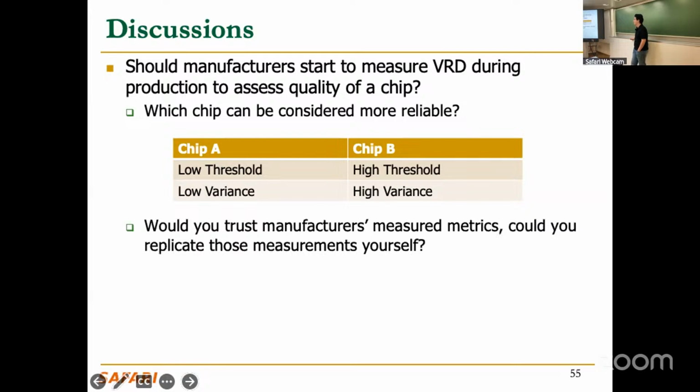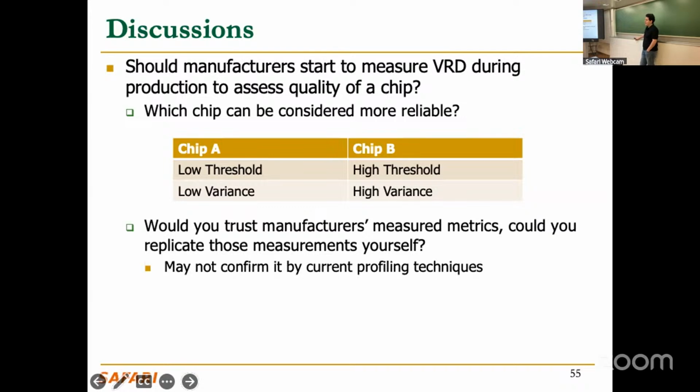And lastly, would you trust the manufacturer's measured metrics, and would you be able to replicate those measurements yourself? The problem is that you may not be able to confirm these variance or threshold metrics with the current profiling techniques, because we saw that it takes a lot of time just to profile a single bank.